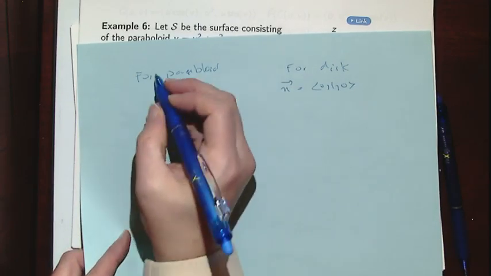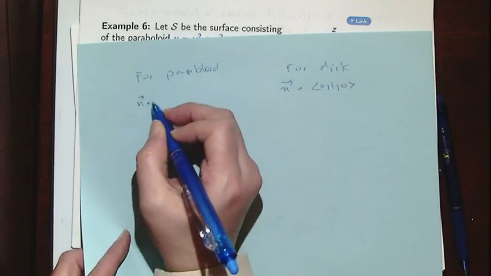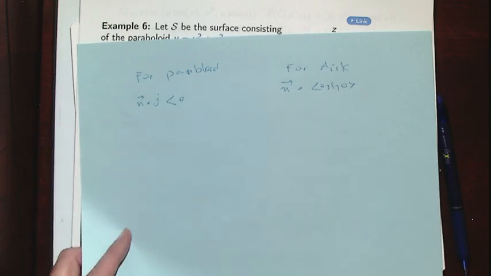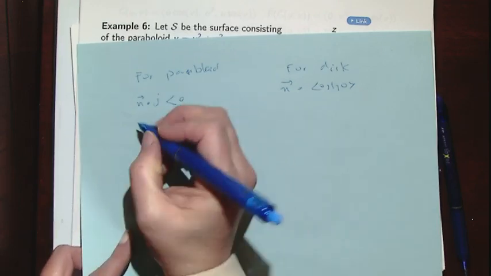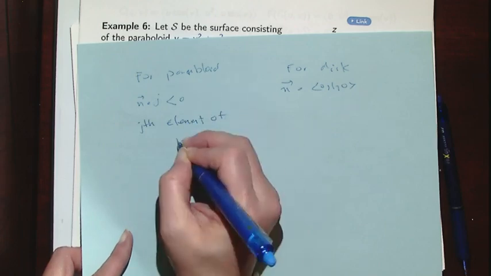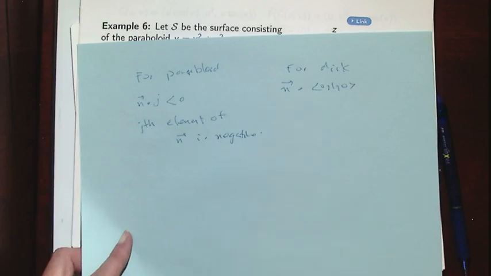For the paraboloid, I am expecting n dot j to be a negative value. The jth element of n is negative. Agreed? Okay.